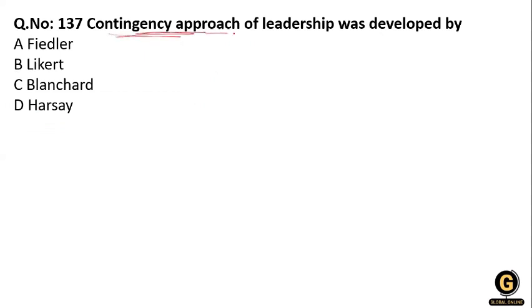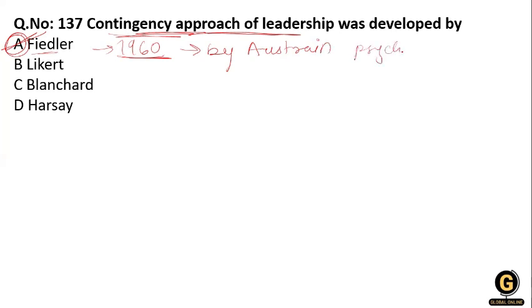The contingent approach of leadership was developed by Fiedler, in the 1960s. Fiedler is an Austrian psychologist, and he is also a professor.